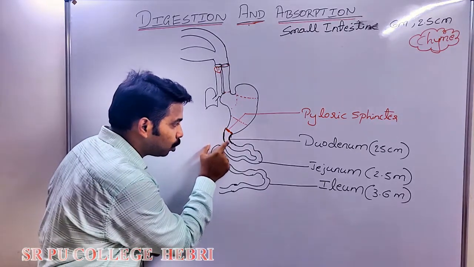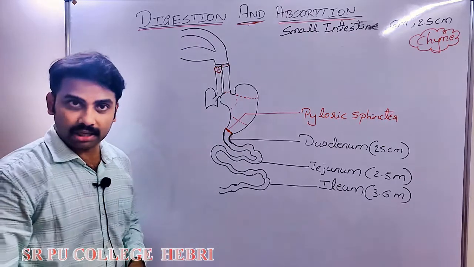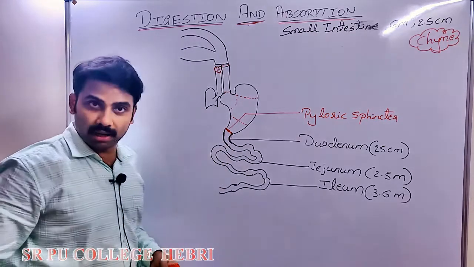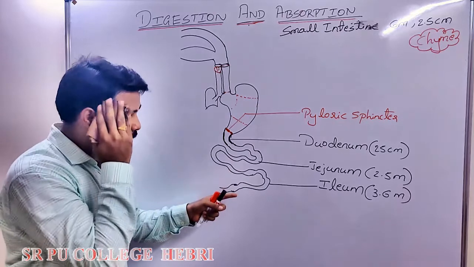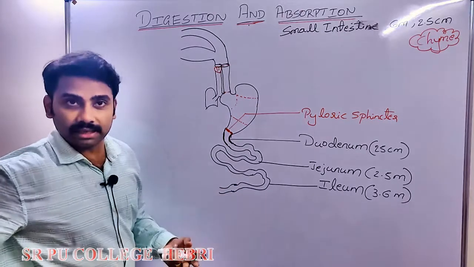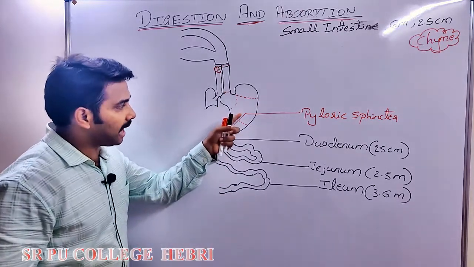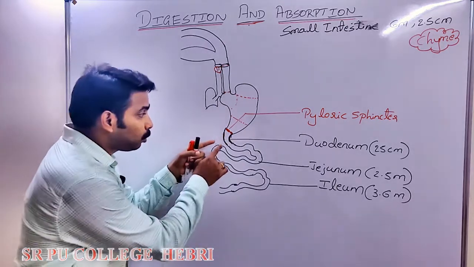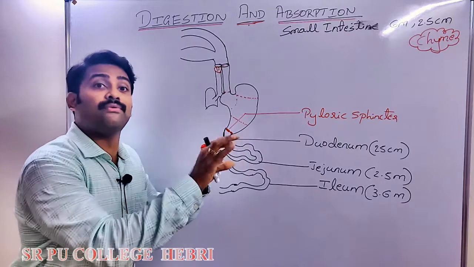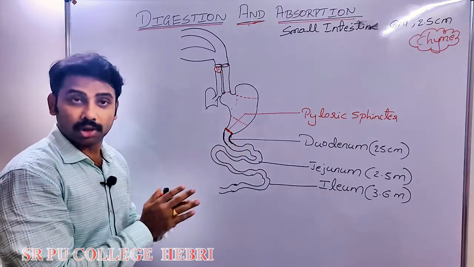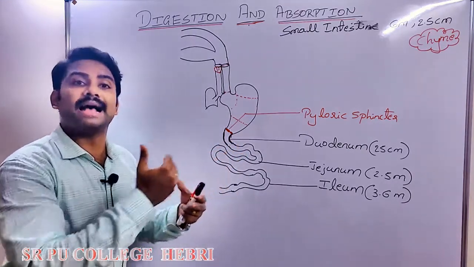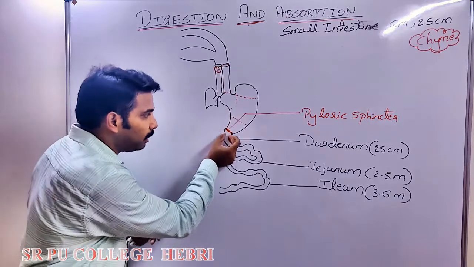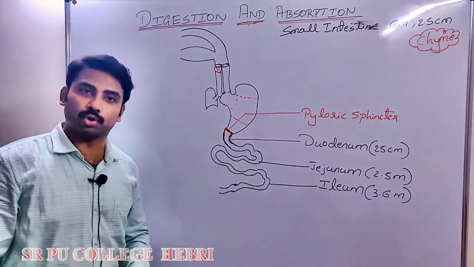The thick mucous membrane is present in the duodenum when compared to jejunum and ileum. The reason is the acidic chyme is released to duodenum for the first time. To neutralize the acidic nature of the chyme, duodenum has very thick mucosa.